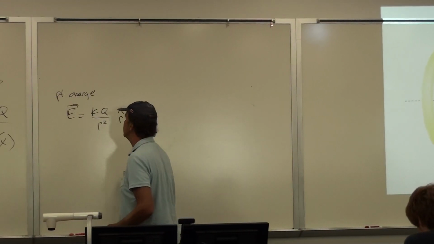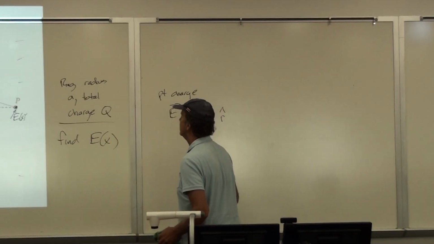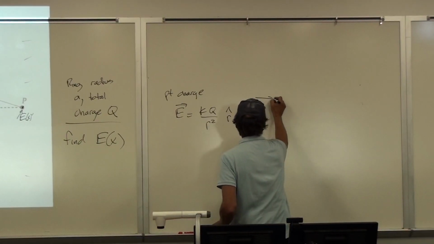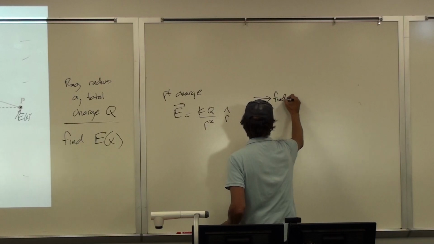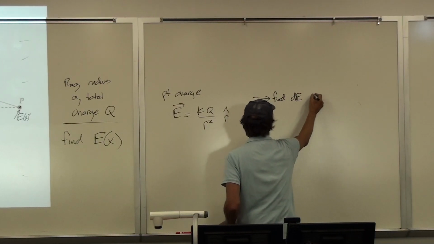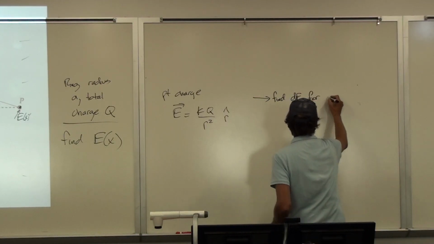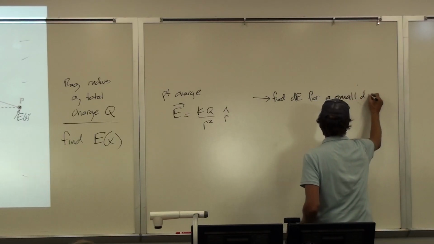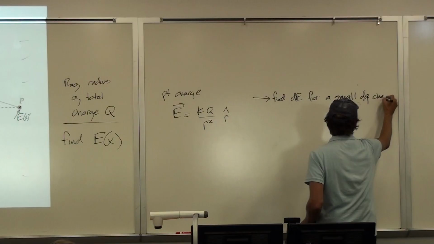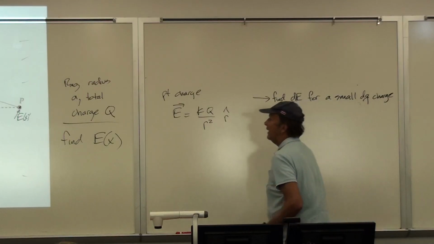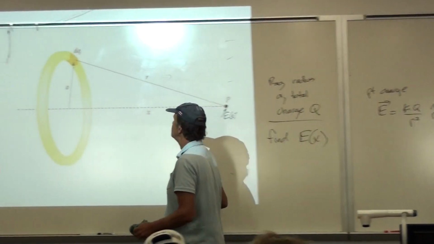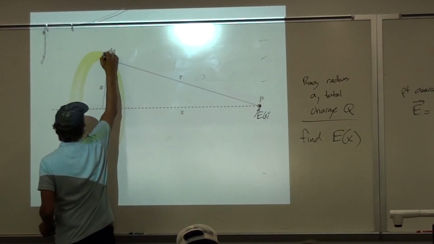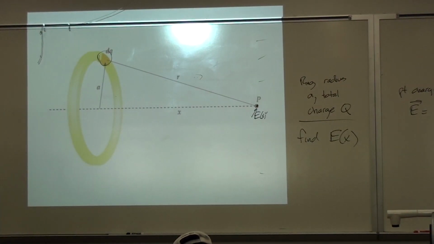But what about for a continuous distribution of charge? Well, then what we're going to need to do is find dE for a small amount of charge dQ. And so here, I'm going to just pick randomly on this charged ring an element of charge.